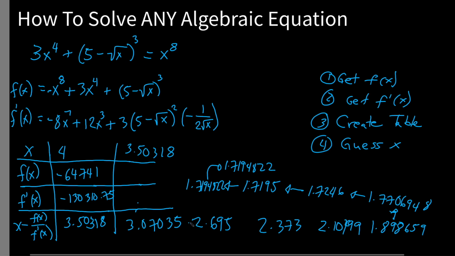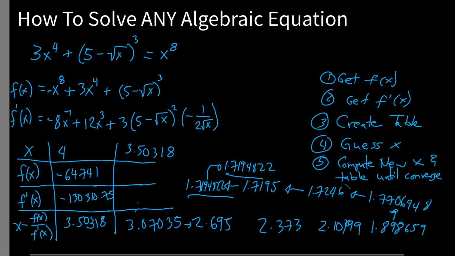It's a pretty long list of values, but basically first we'll get this, and then this, and then this, and then this, all the way until this value will repeat itself. So basically after we get x, we compute new x, and we fill out the table with the new x until the value of x converges.